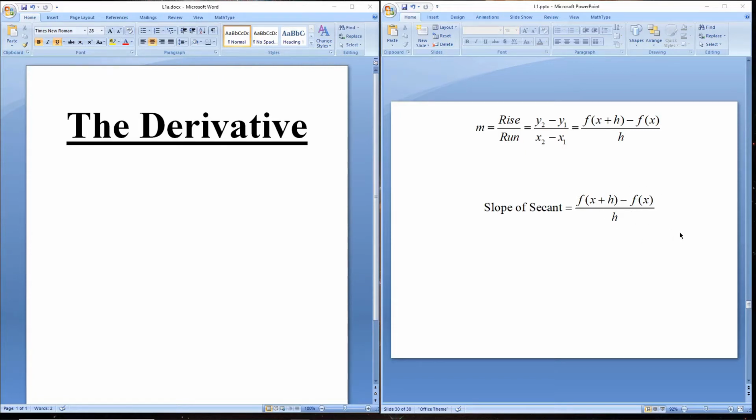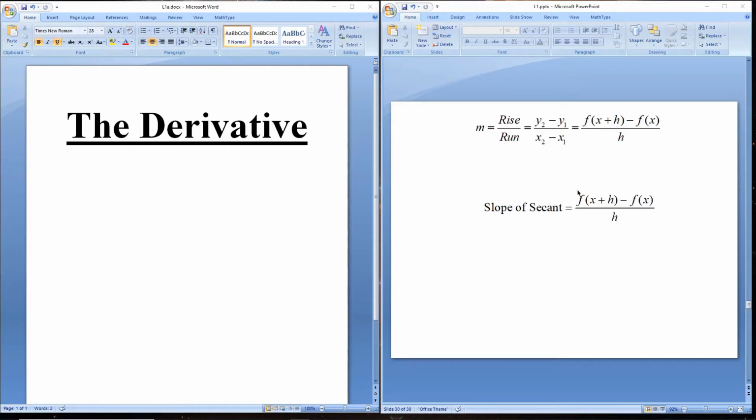And then what we want to do is we want the run to get forever smaller. And if we do that, then the secant will approach the tangent line. And the tangent is the slope of the function at that point.